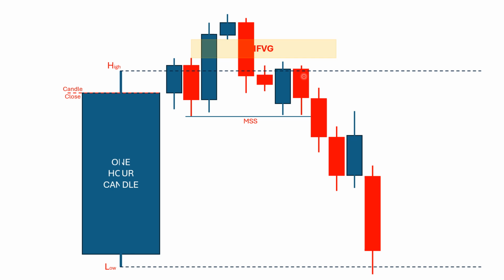This next red candle can just go all the way up to retest that new fair value gap and then start dropping. So if you put your stop loss way too close to that fair value gap, it's very risky. Put your stop loss above there and then start taking off some profits as you go on to that low there.